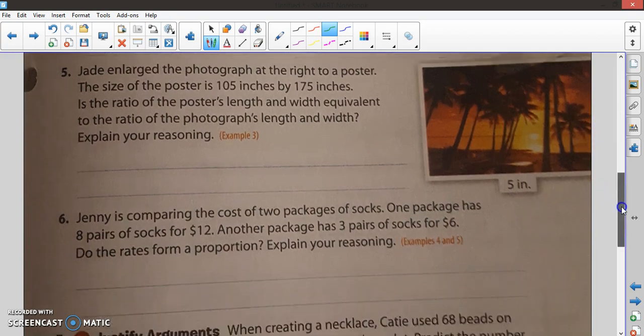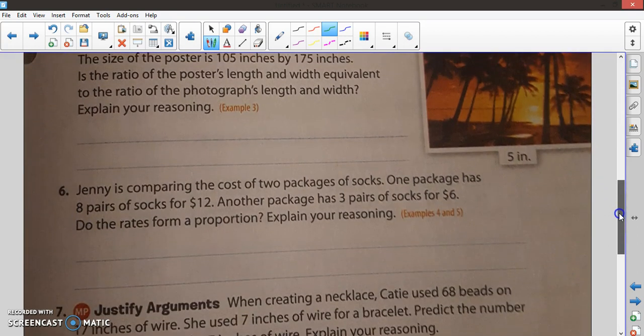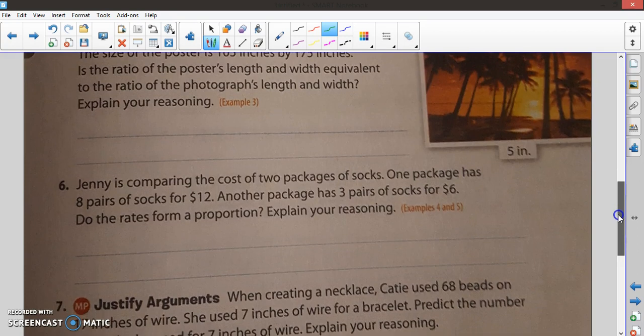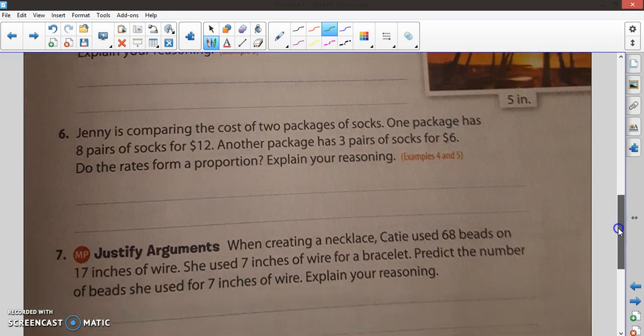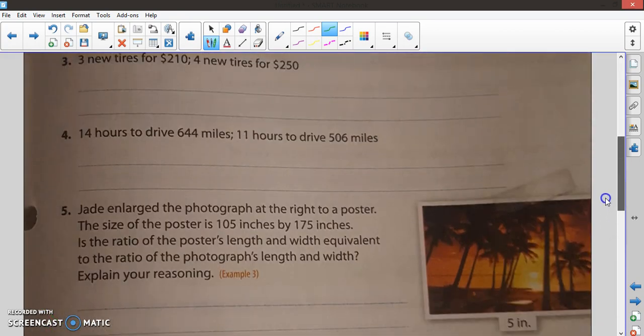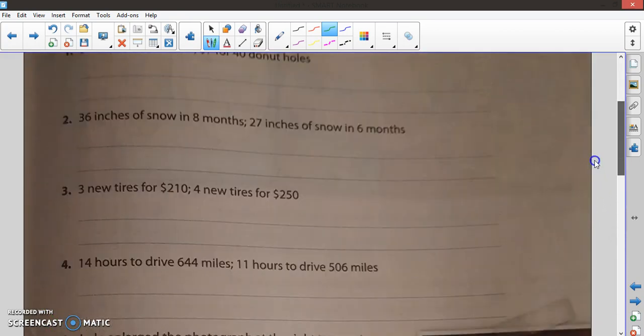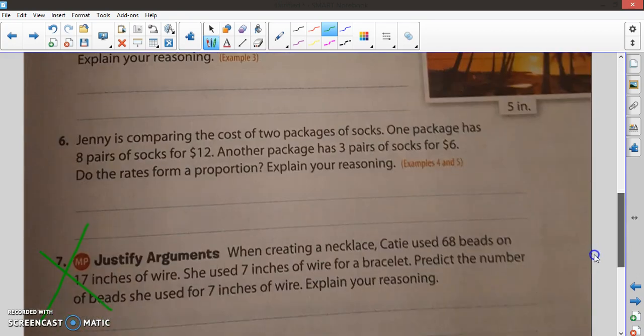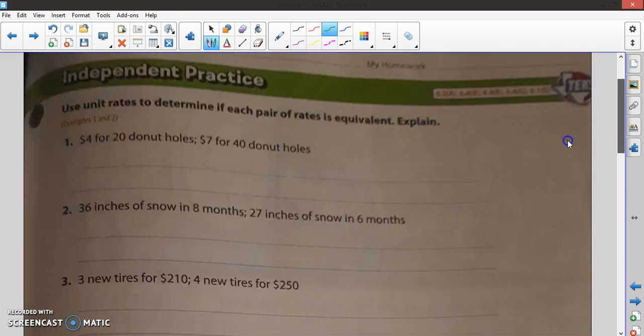Number 5. Number 6. You can skip 7. Don't do 7. Okay, just not number 7. So do 1 through 6.